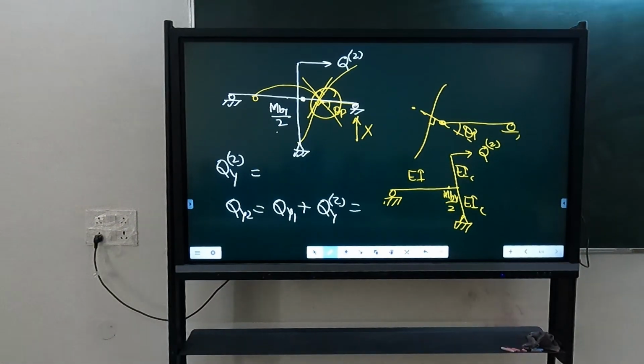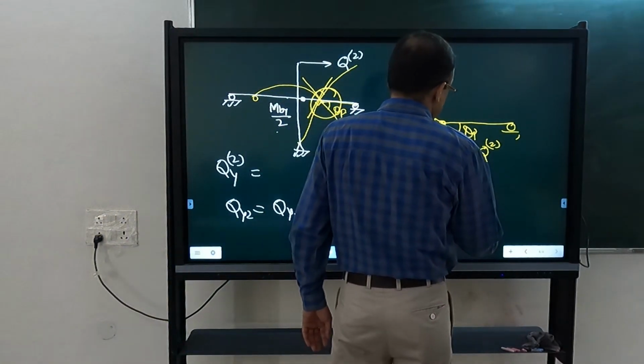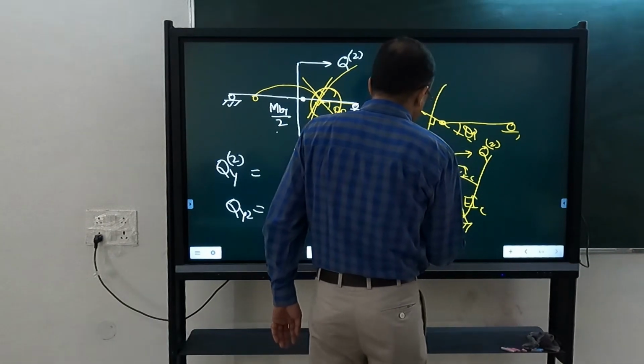Will it be a mechanism? You have drawn the equivalent diagram. It is not a mechanism. Why do you think it will be a mechanism? It can't roll down.